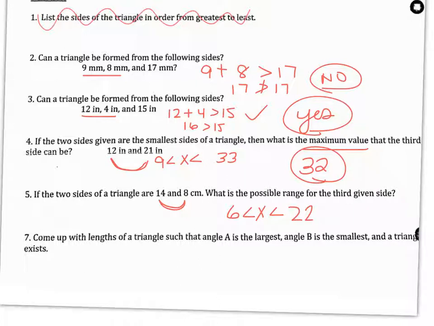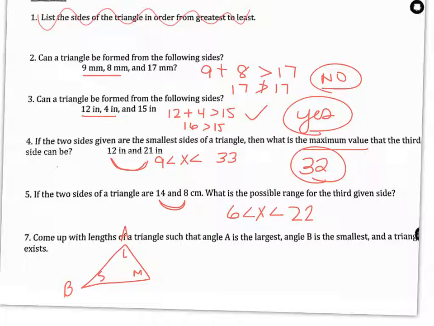Last one, come up with lengths of a triangle such that angle A is the largest, angle B is the smallest, and a triangle exists. So if I draw a picture here, A is the biggest, B is the smallest, so largest, smallest, medium.